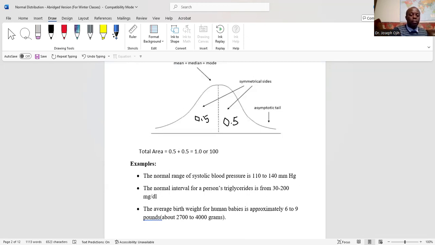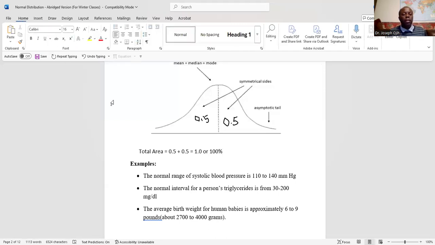So the total area for both sides is 1 or 100%. Half of this is 0.5, half of this is 0.5.